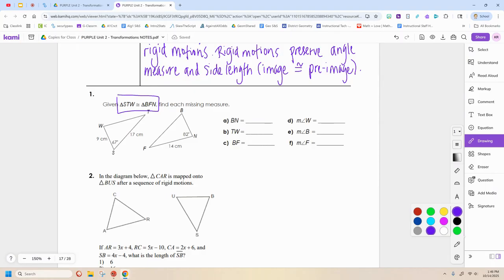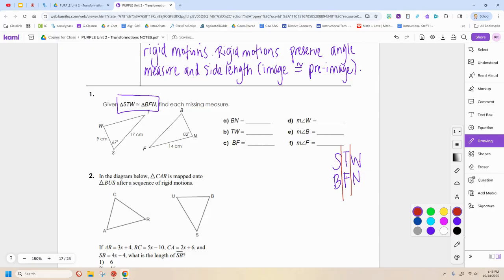So I'm going to take S, T, W, and B, F, N. And if the statement is given to you, it is guaranteed that S corresponds with B, and T corresponds with F, and W corresponds with N.